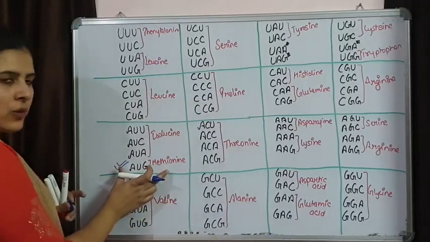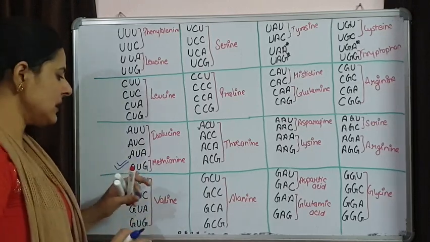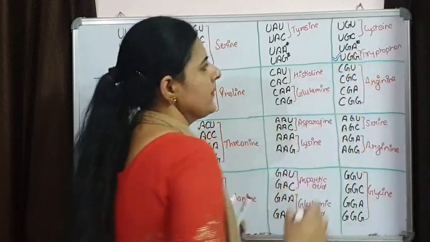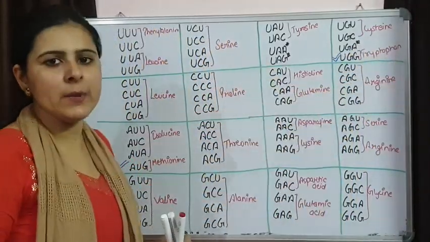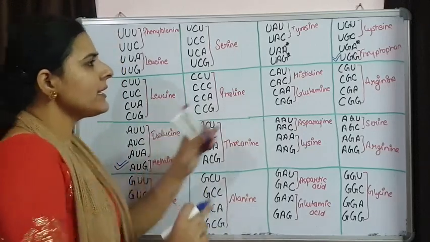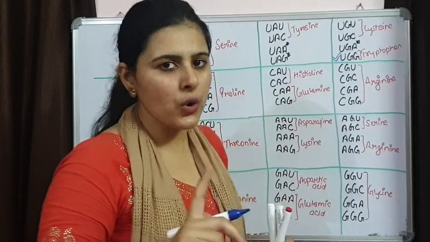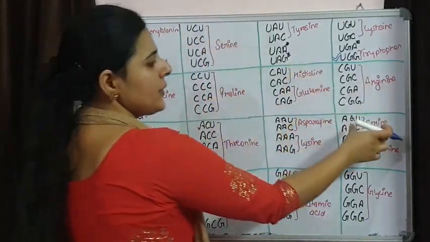So one is methionine, that is coded by the initiator codon, AUG, and another one is tryptophan, which is over here. So out of the complete 20 amino acids, methionine and tryptophan are coded by only one single codon. If we see serine, 4 codons are there and 2 are there.